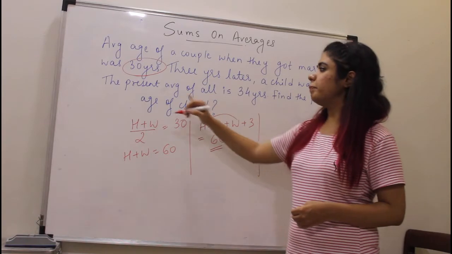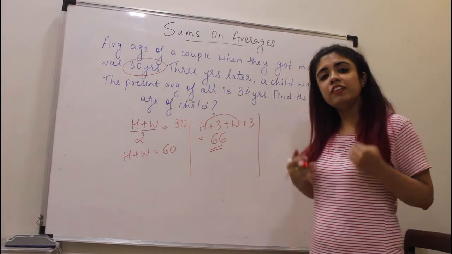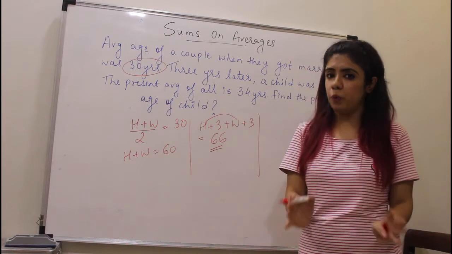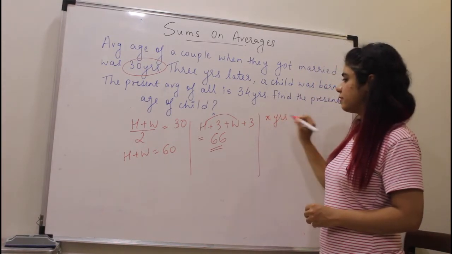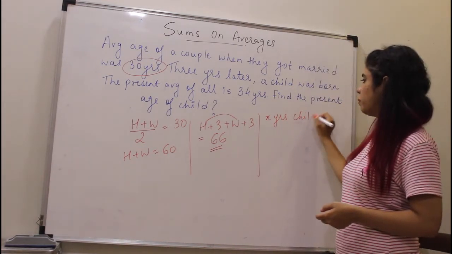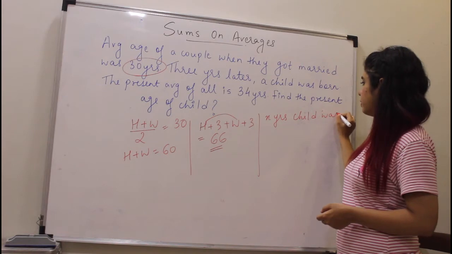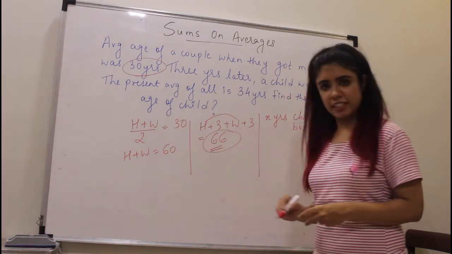Now they are saying the present average age of all is 34 years. Now this is after how many years? We don't know. See, let's say after X years from the time the child was born. Okay? See, when the child was born, the sum was 66.